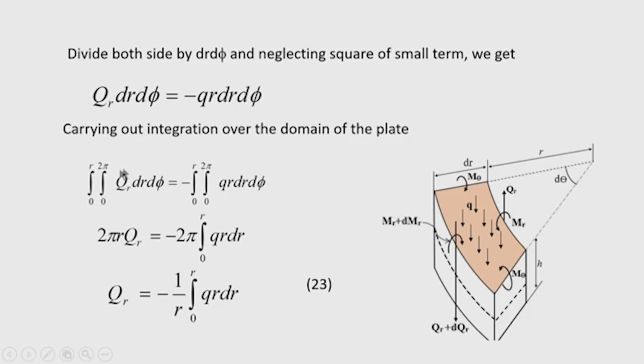So, full rotation has to be there. So, 0 to 2π. So, carrying out integration of both sides, we get here 2π r q_r equal to minus 2π ∫ from 0 to r of q r dr. Okay. And then from that we can write q_r is equal to minus 1/r ∫ q r dr. So, this is one equation.